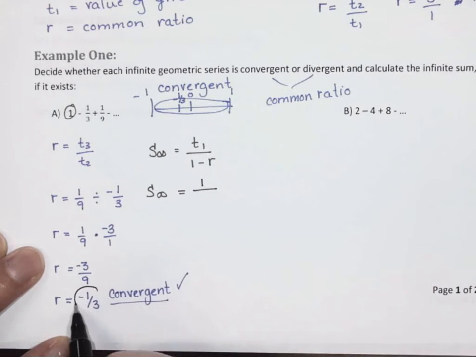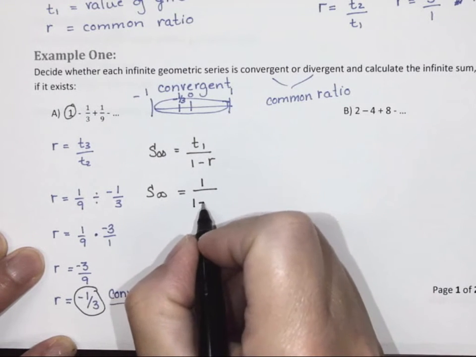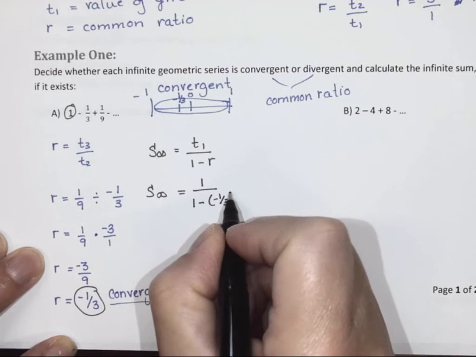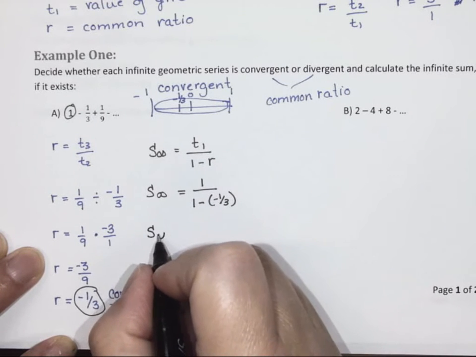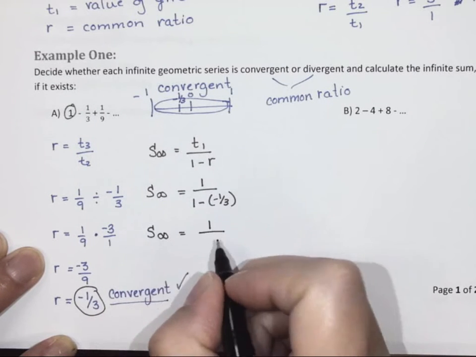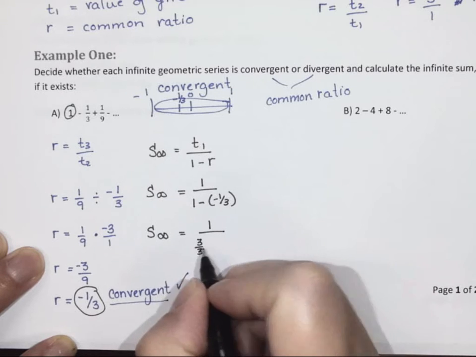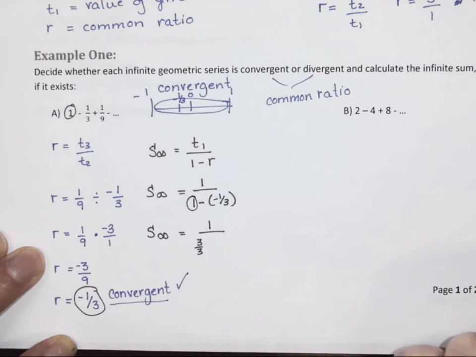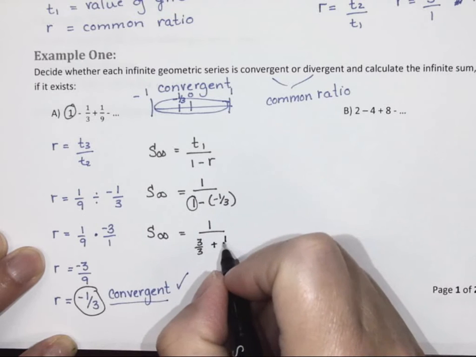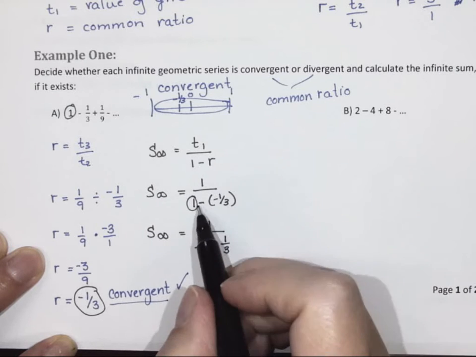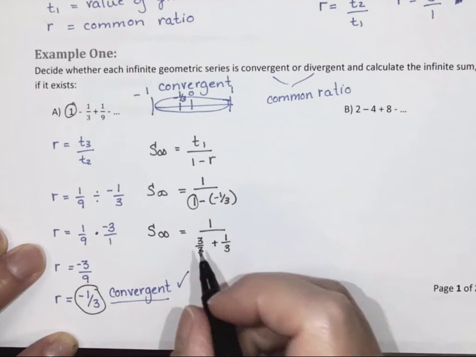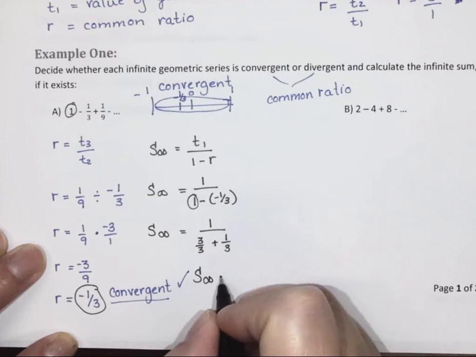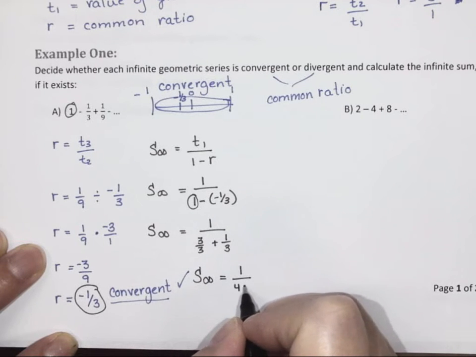We know our common ratio is negative 1/3, so 1 minus a negative 1/3. So S infinite is 1 over, so I'm going to say 3 over 3, so I just converted this to a fraction, plus 1 over 3, because subtracting a negative number is going to give me a plus. So S infinite is 1 over 4/3.